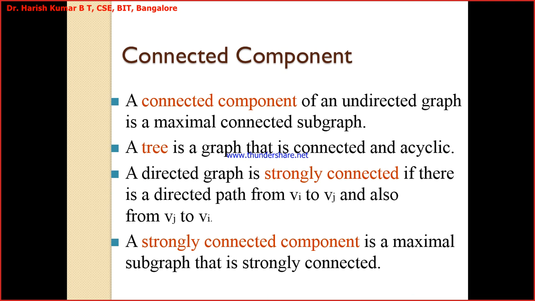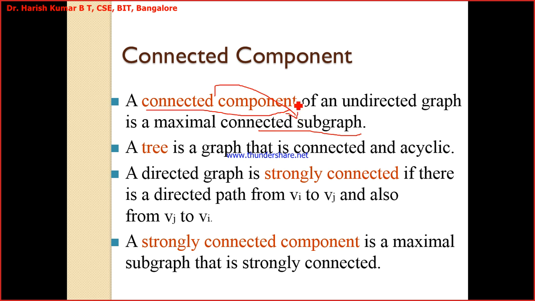Okay, next is connected component. A connected component of an undirected graph is a maximal connected subgraph. Now the connected component is with respect to the subgraph of an undirected graph.